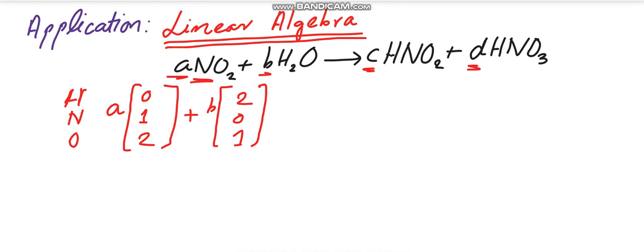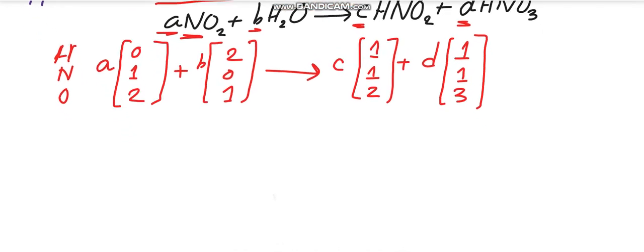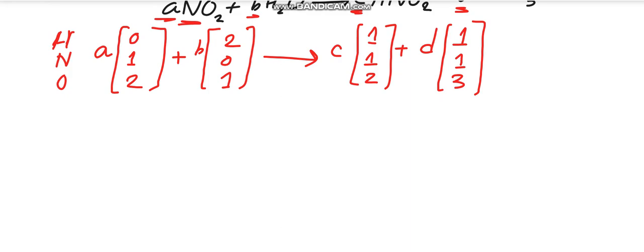These reactants combine to give me the product having the same coefficients, and these are 1, 1, while two atoms of oxygen are present, and similarly D 1, 1 and 3. Fine.